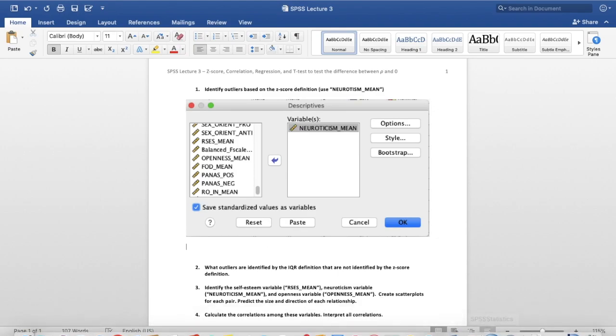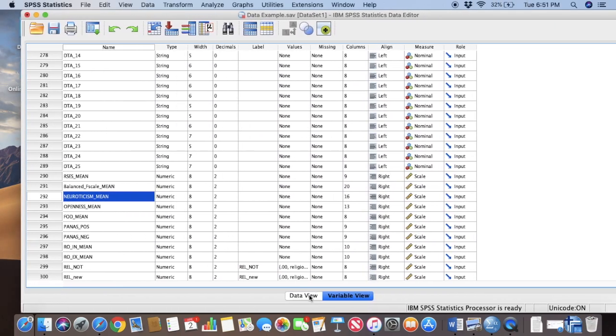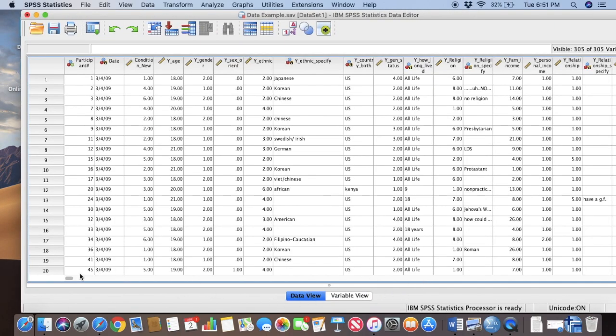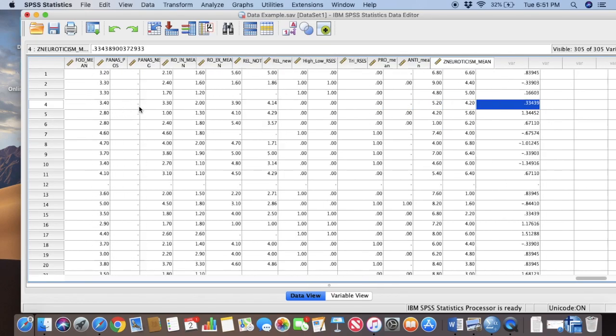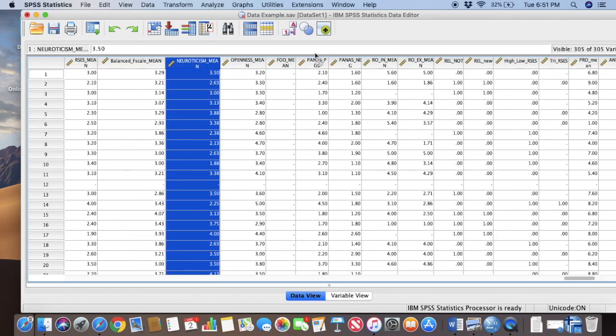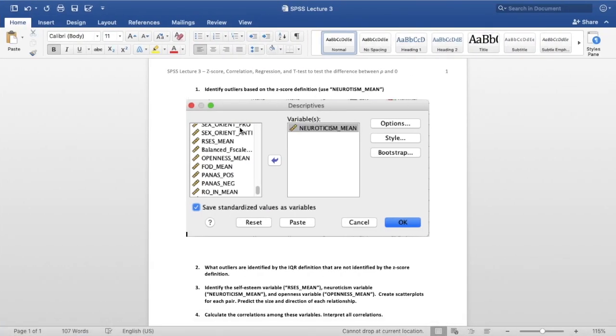So let's go back to SPSS. And now let's go to the data view and scroll all the way to the end. And you'll see this Z neuroticism mean. Okay, so let's grab this neuroticism variable, and I'm just left clicking and pulling it. Interesting.